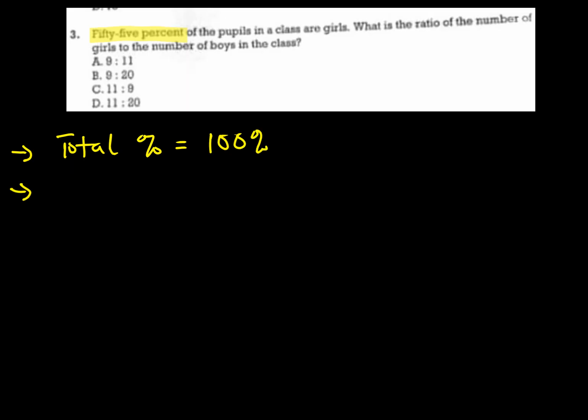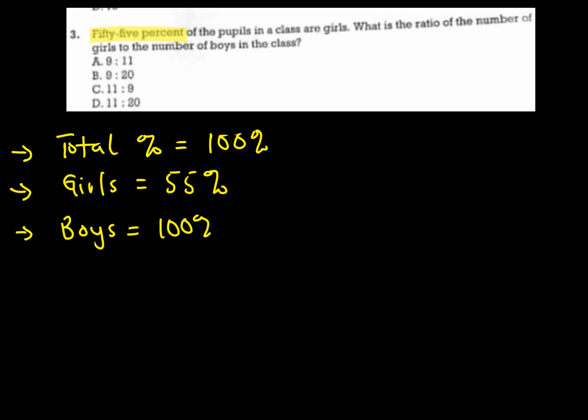So if the percentage of girls is 55%, then we can determine the percentage of boys, which is going to be 100% minus 55%, and that is going to give us 45%. So the percentage of boys in the class is 45.